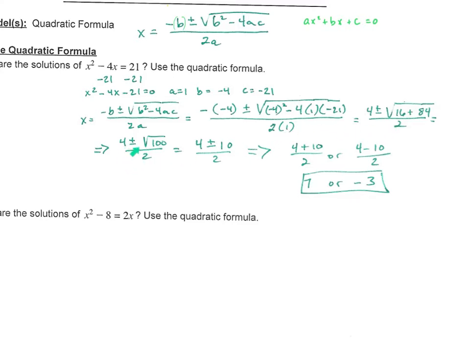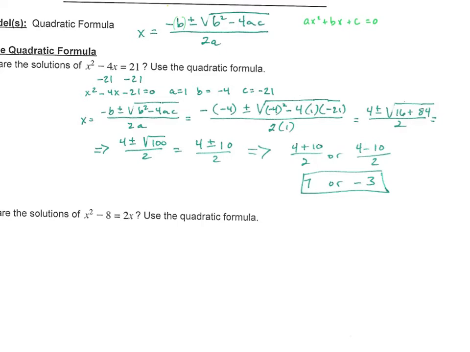Simplifying, I get 4 plus or minus the square root of 100 over 2, which is 4 plus or minus 10 over 2. Plus or minus means I have two answers: 4 plus 10 over 2, or 4 minus 10 over 2. That simplifies to 14 over 2, or 7, and negative 6 over 2, which is negative 3. That is using the quadratic formula.